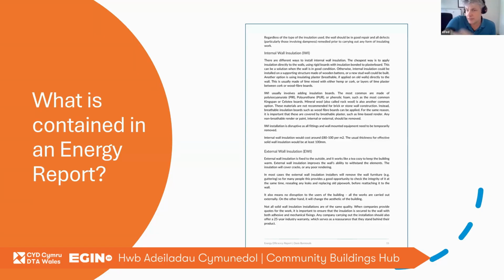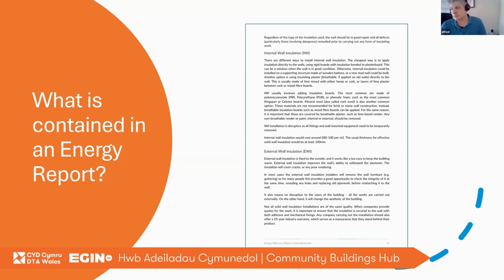In the middle paragraph there, they're also suggesting different types of insulation materials you can use on the building. And he specifically says that materials like Kingspan or Celotex are not recommended for solid brick or stone walls, and that maybe something more like a wood fibre board would be more appropriate for this particular building.